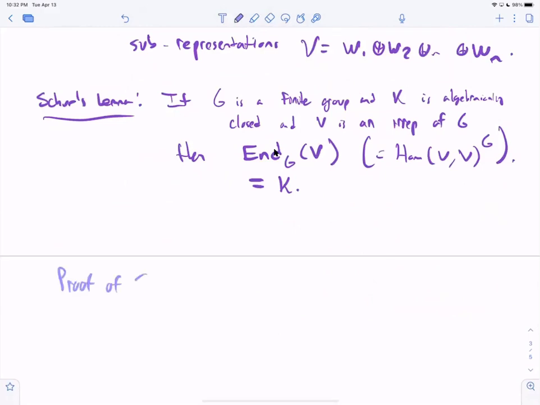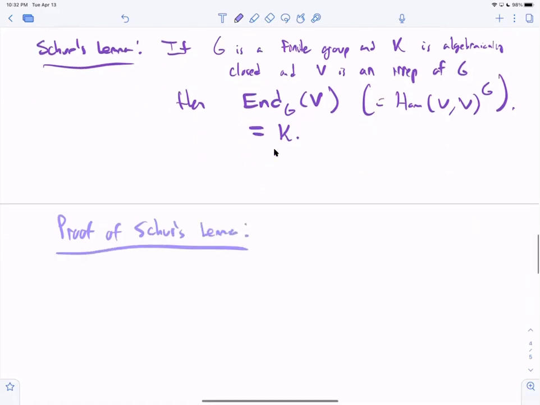So, proof of Schur's. Very simple. Suppose phi is contained in End_G(V).